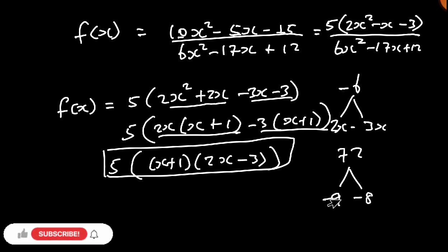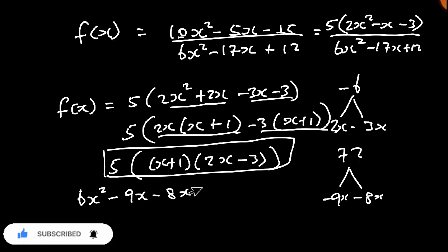Alright, -9 times -8 is 72. -9 plus -8 is -17. So we're going to do the same thing we did here. We're going to have 6x squared. Now let's replace -17x with -9x and -8x. So we have -9x minus 8x plus 12.